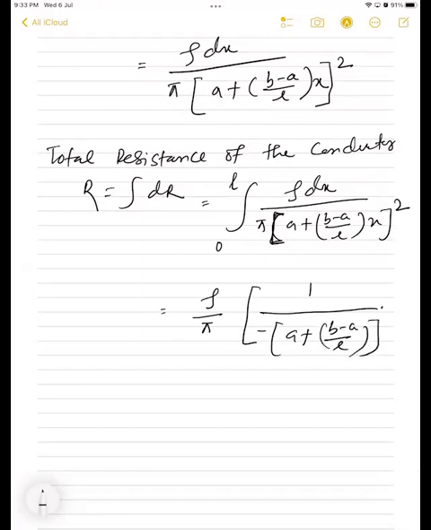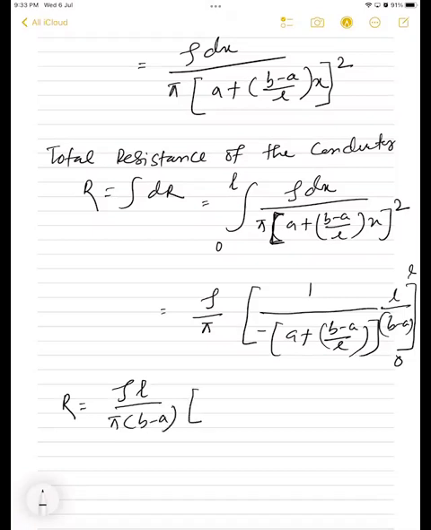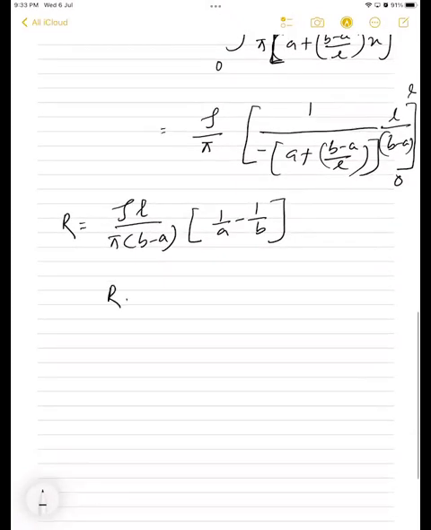Again, that is to be integrated and it will be L by (b minus a), and the limit is 0 to L. So finally you will get R equal to rho L divided by pi into (b minus a) times (1 by a minus 1 by b). So R is equal to rho L by pi a b. This is the answer to the question.